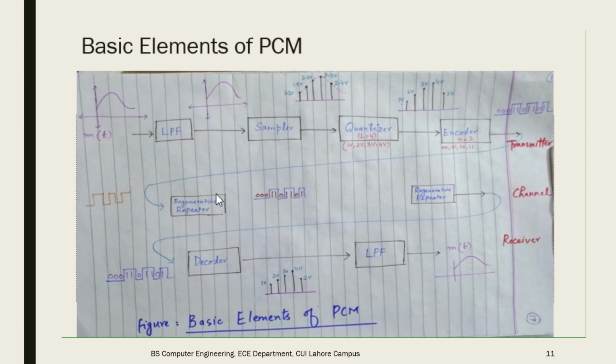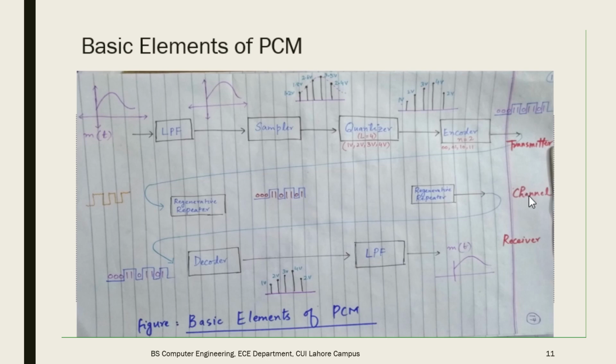The purpose of the regenerative repeater is to regenerate new pulses. So you can observe that it will eliminate this channel noise and we will get new pulses.